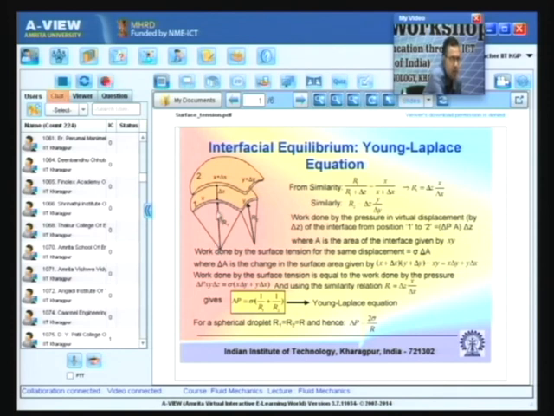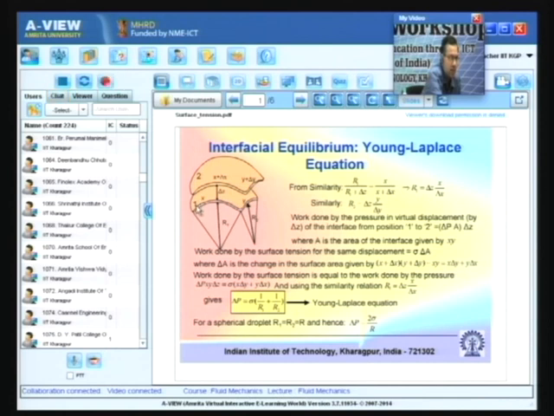Now there is a pressure difference across the two sides of the membrane, and the membrane stretches and comes to a new configuration. In the new configuration, the dimension x becomes x plus delta x and y becomes y plus delta y. There is a work done because of pressure, which is given by delta p into the change in volume.